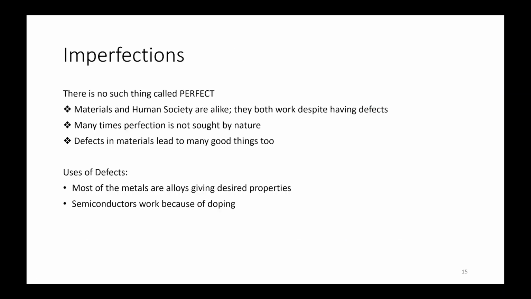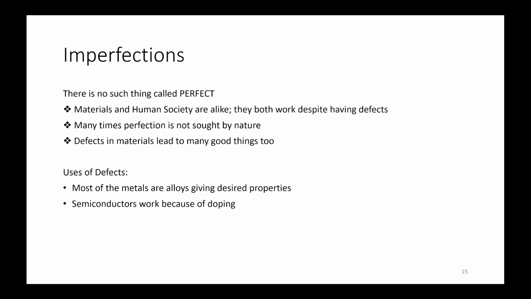Now, moving on from crystals to the imperfection part. Last class we read what are the types of various crystals, but when we see materials in our surroundings, we see that they all have some imperfections. So there's no such thing called perfect, and materials and human society are alike, and they both work despite having defects.